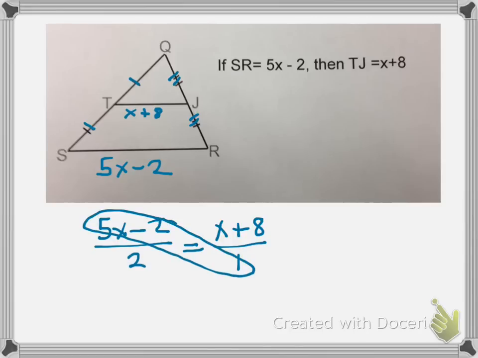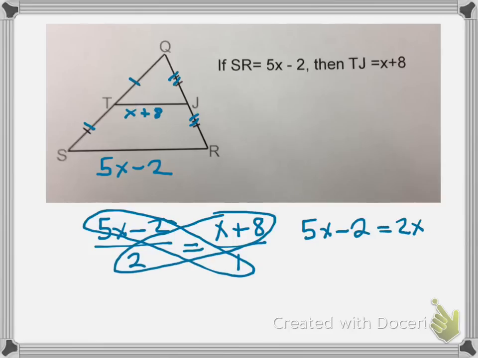5x minus 2 times 1 is just 5x minus 2. And then x plus 8 times 2 is 2x plus 16. So now I'm just going to go ahead and solve. So I get 3x equals 18. So x is 6. Then we can plug it in and see.